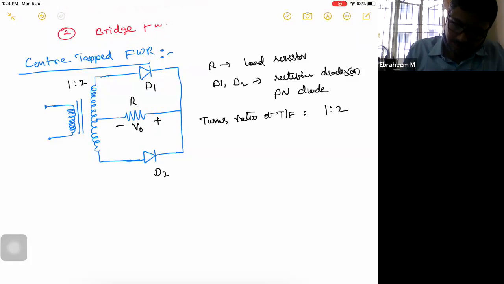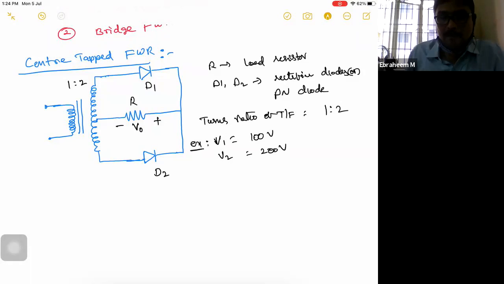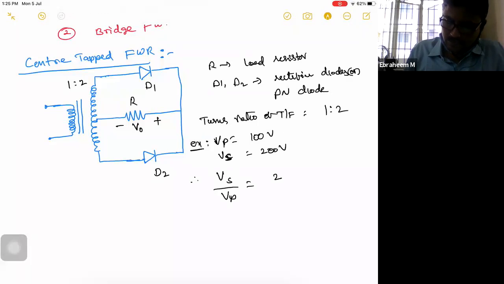For example, if V1 is equal to 100 volts, V2 will be 200 volts. If the primary voltage is 100, the secondary will obviously be 200. So secondary voltage by primary voltage is equal to 2.